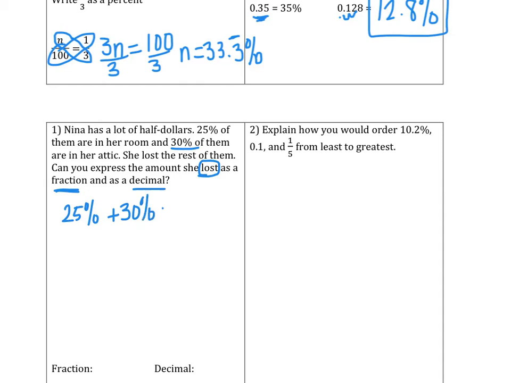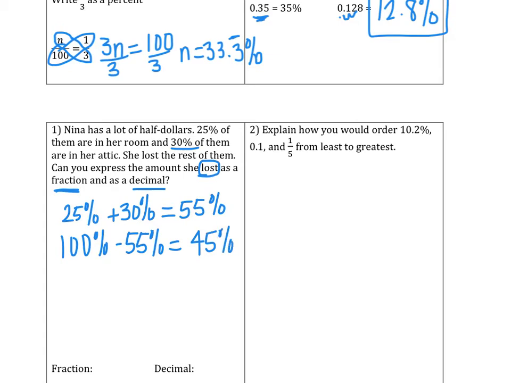So out of all of them, she has 55% of them. We know that percent is out of 100. So 100% minus 55%, the part that she does have, is going to give us what she doesn't have. So she doesn't have 45% of them.